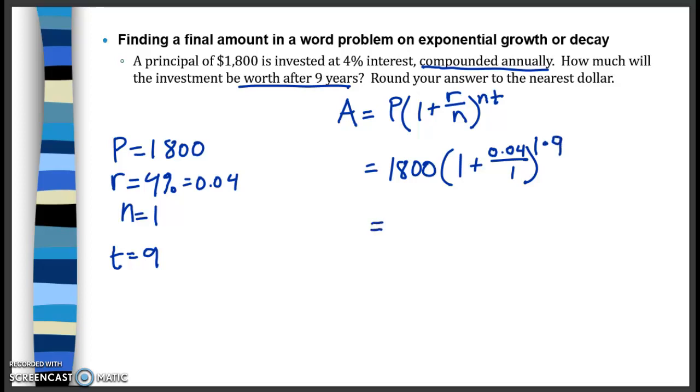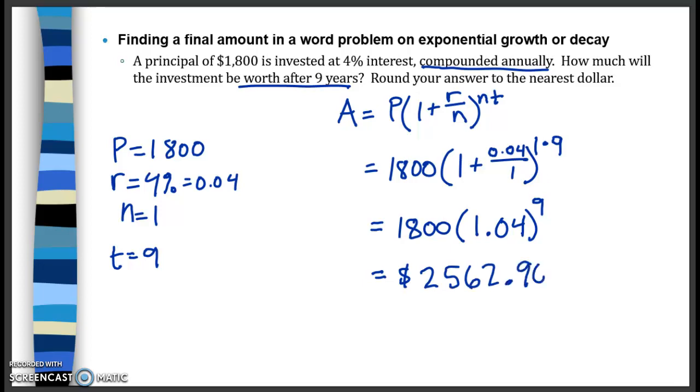So this is equal to 1,800 times 1.04, did that on the last one, raised to the 9th power. Now, after we plug that in, we will get that this equals 2,561.96.